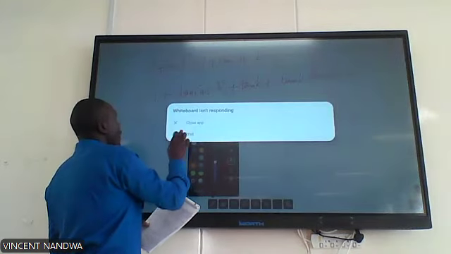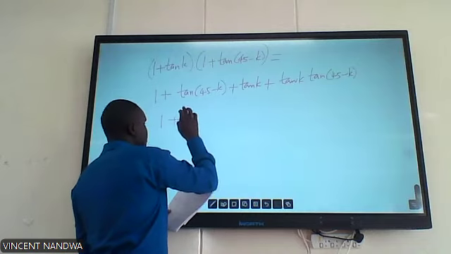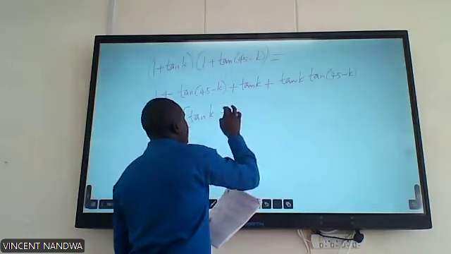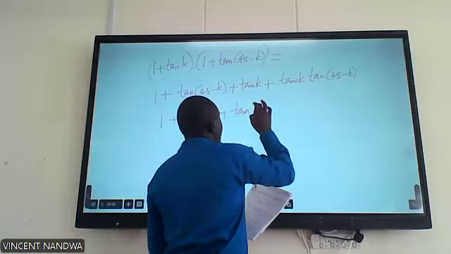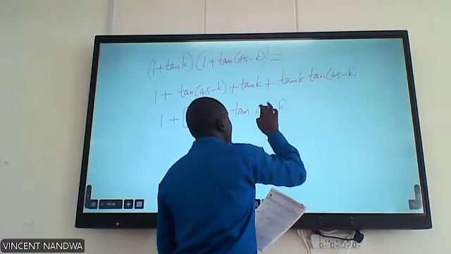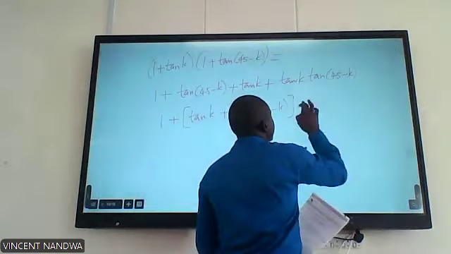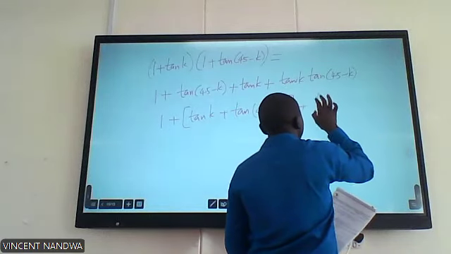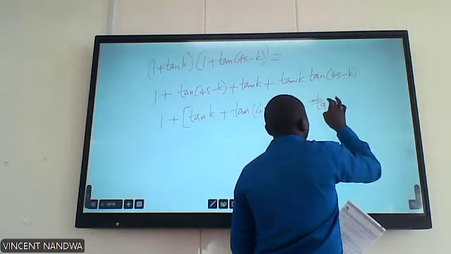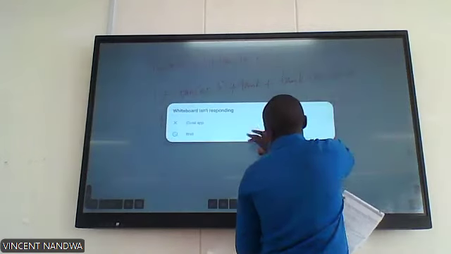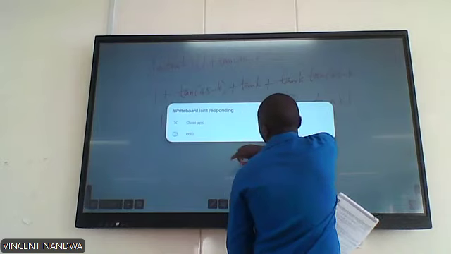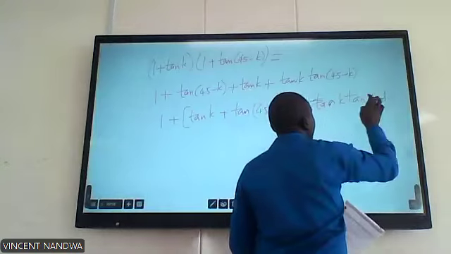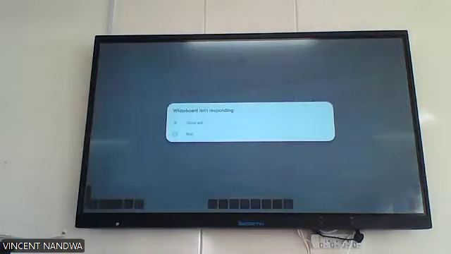So I have this 1 plus tan k plus tan of 45 minus k, and then plus tan k tan of 45 minus k. Is that correct expansion?